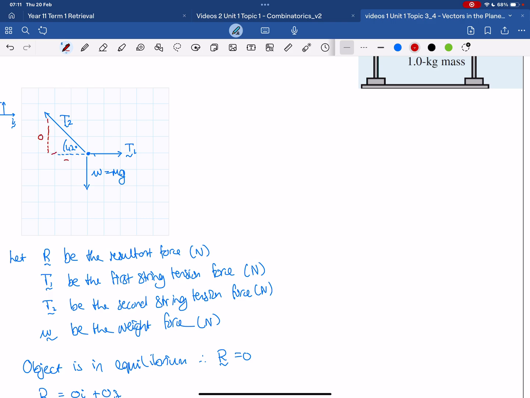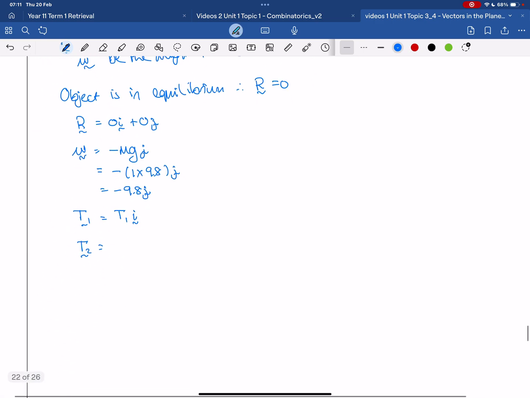So I've got a cos ratio for my I component and a sine ratio for my J component. So I'm going to have negative T2 cos of 42 degrees I plus T2 sine of 42 degrees J.